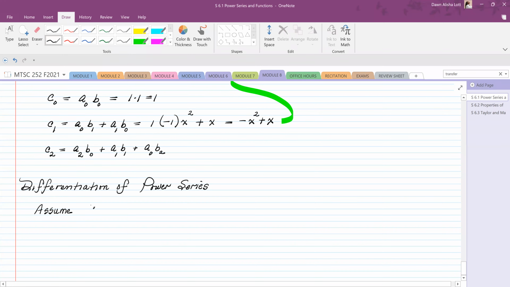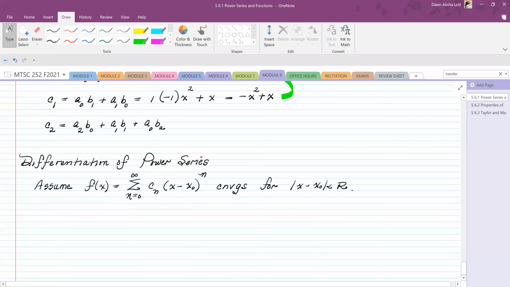Okay, so differentiation, you can assume that you have some function f of x, and it is the sum n equals 0 to infinity of some c n times x minus x naught to the n. And that thing converges for the absolute value of x minus x naught less than r. Then you can differentiate it.